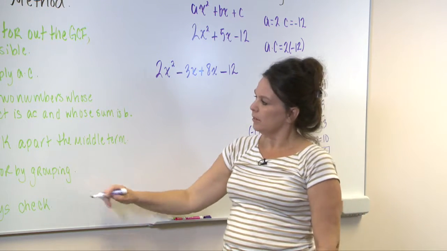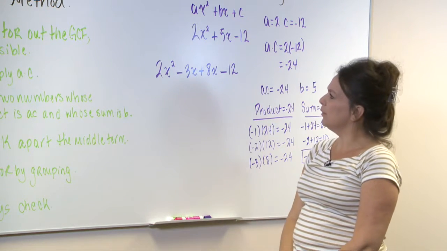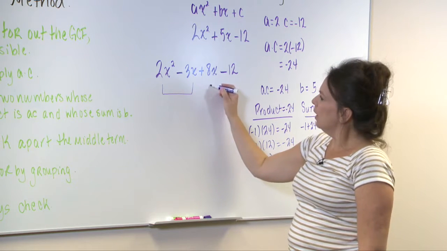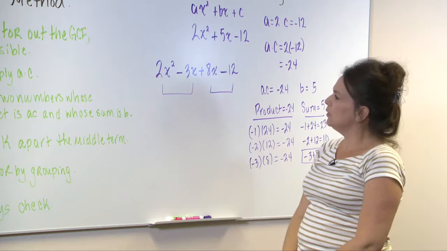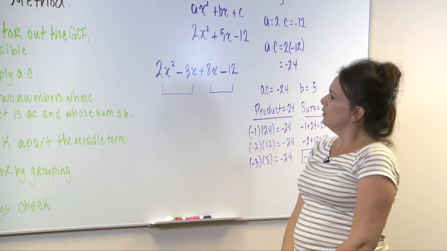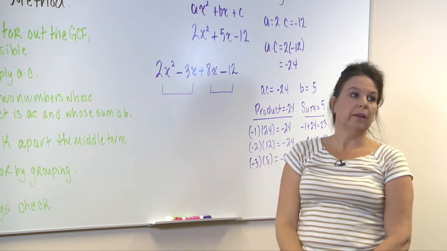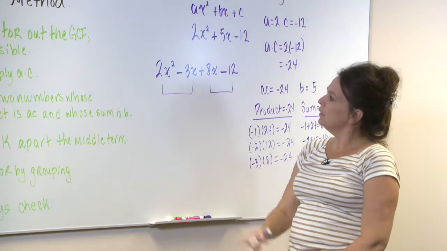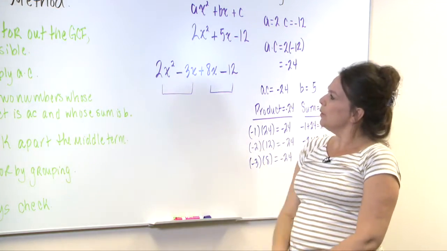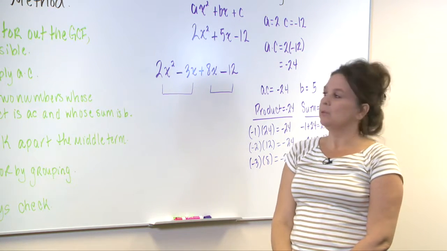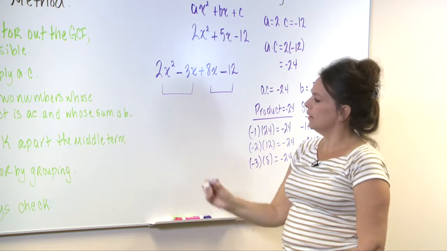Step number 5 tells us to factor by grouping. So I'm going to group the first 2 terms together, and I'm going to group the second 2 terms together. For a moment, I'm going to ignore the second 2 terms and look at the first 2 terms. Looking at 2x squared minus 3x, the greatest common factor between those 2 terms is x.